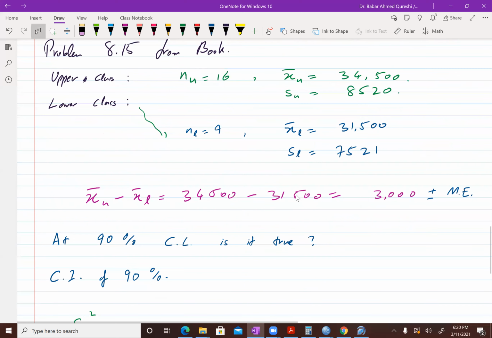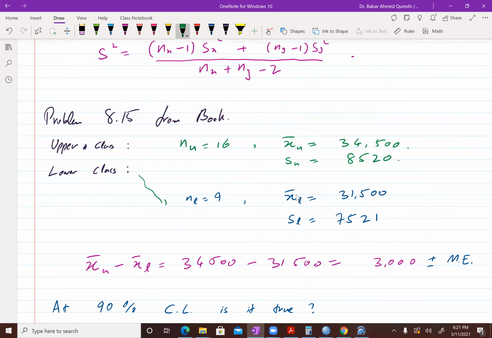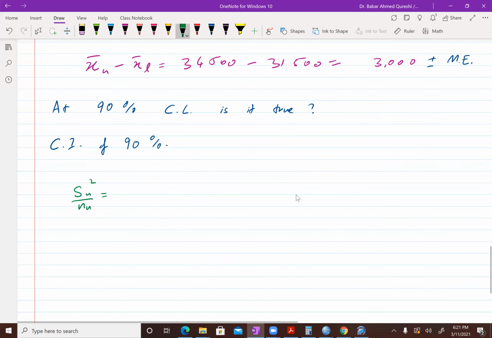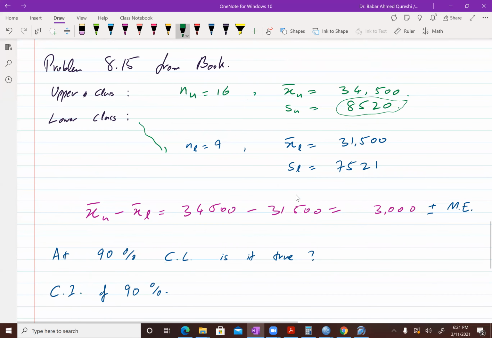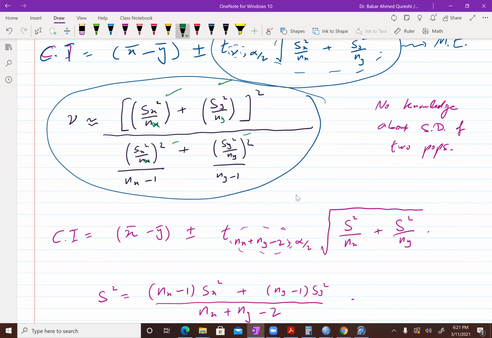Now, the issue is that if I take the square of this number, so this is just a technique I'm using for computation, if I take the square of this number and put it in this formula, it will be a very large number. And if you look over here, then I have to take another square. So that will make it an astronomical number. I don't want to write those big numbers.